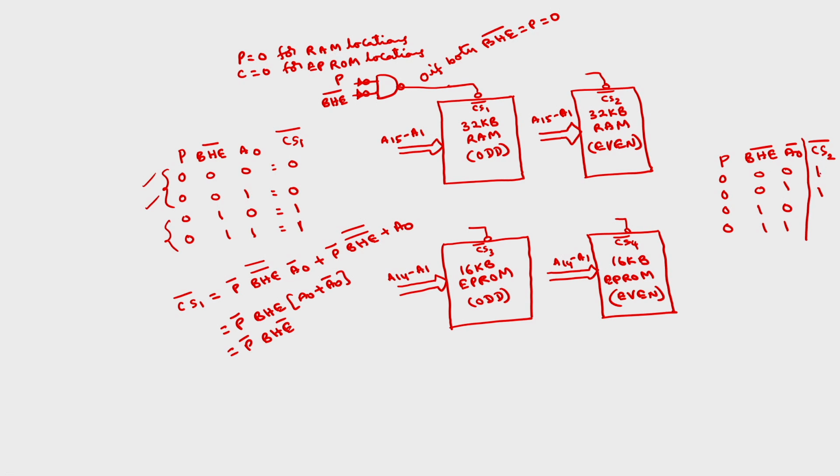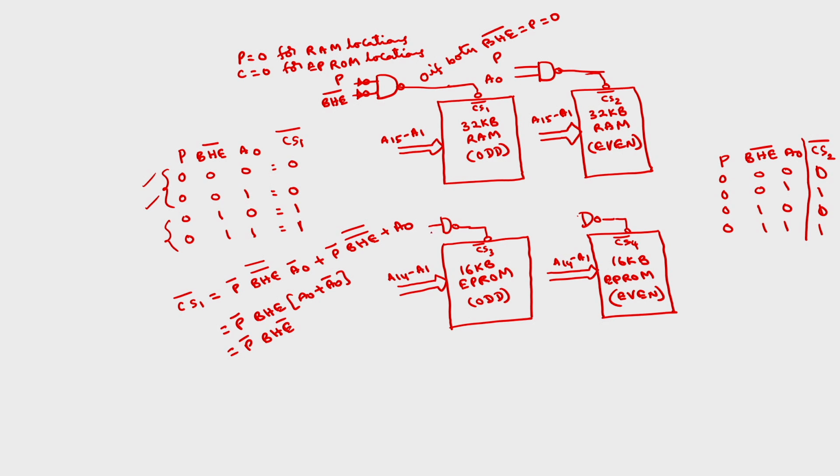Both are 0, so you have to select here, not select here, select here, not select here. This is the even bank, so Y0 is equal to 0, you have to select this and not select this. Here BHE bar will get cancelled, so you will get the same in terms of P. You can verify that this output will be P and A naught.